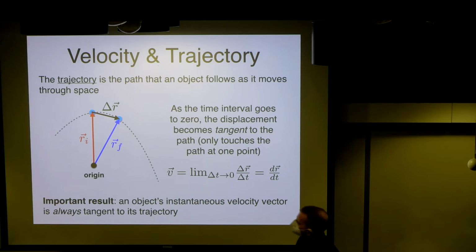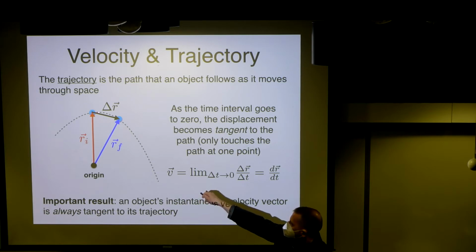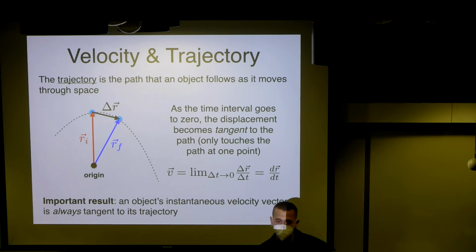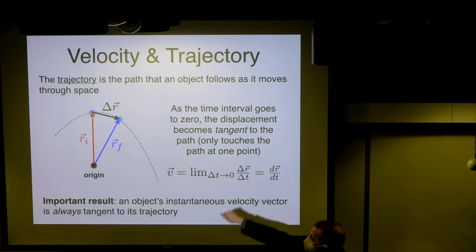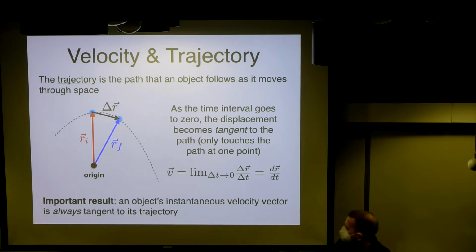But let's imagine we take a smaller and smaller time interval. Then these two points would get closer and closer together. And in the limit where the time interval goes to 0, your delta r vector is going to be pointing exactly tangent to that path. And of course, my v vector, my velocity, is really just delta r over delta t.